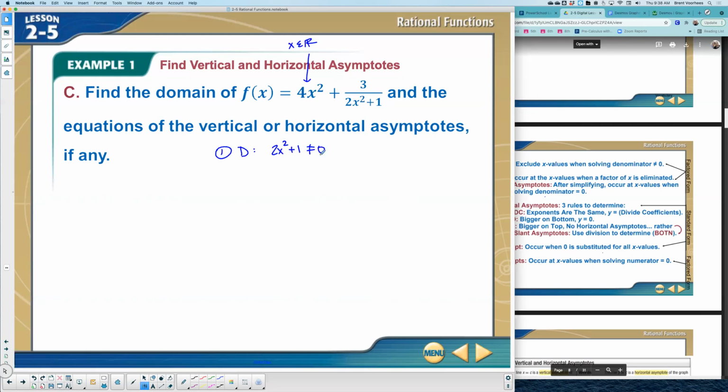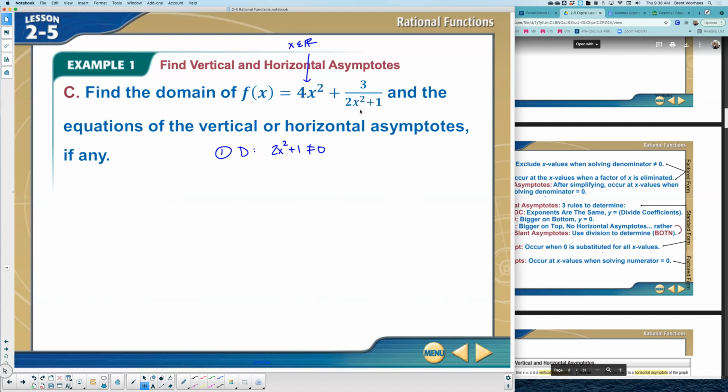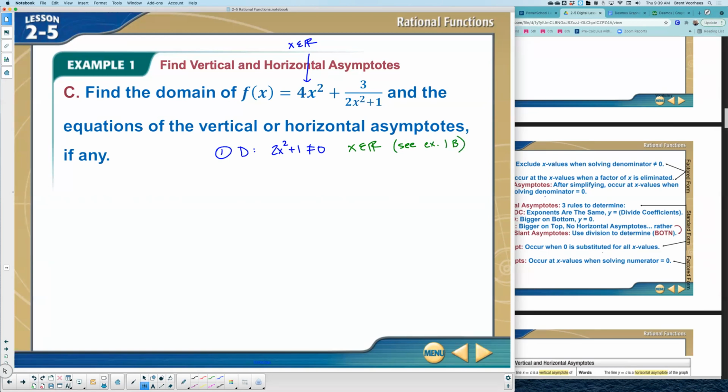Is that the same equation we just had? Yeah. Okay, so what do we know about that domain? It's all real. That's going to be that same imaginary. So the domain is going to be all reals. And I'll just say here, see example 1b, since that was done on example 1b.